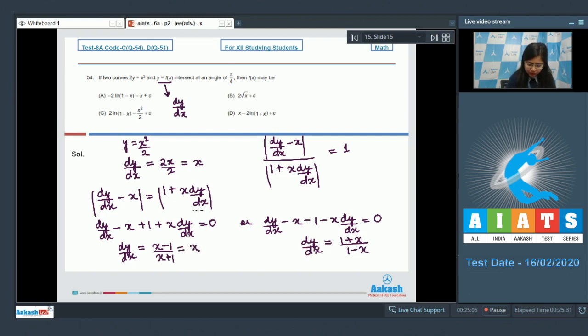So this can be written equal to (x + 1 − 2)/(x + 1), that is 1 − 2/(x + 1).